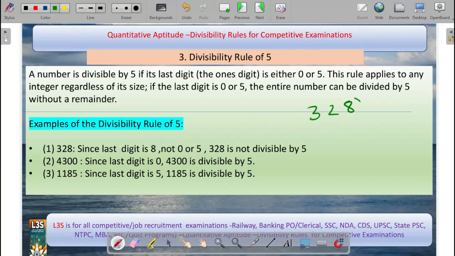What is the last digit? 8. 8 is not 0 or 5. So 328 is not divisible by 5. If it is 325, then the last digit would be 5. So in that case, it is divisible by 5.